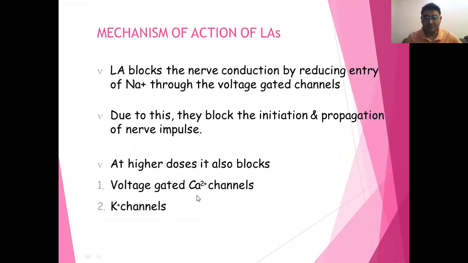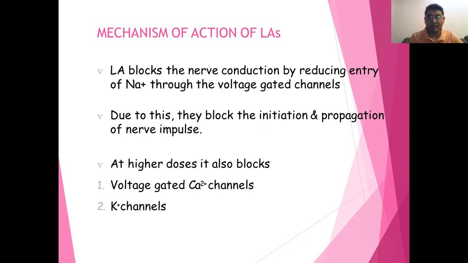It is written here: local anesthetic blocks nerve conduction by reducing entry of sodium through the voltage gated channels. It is the voltage gated channels that I showed you before. Due to this, they block the initiation and propagation of nerve impulses.